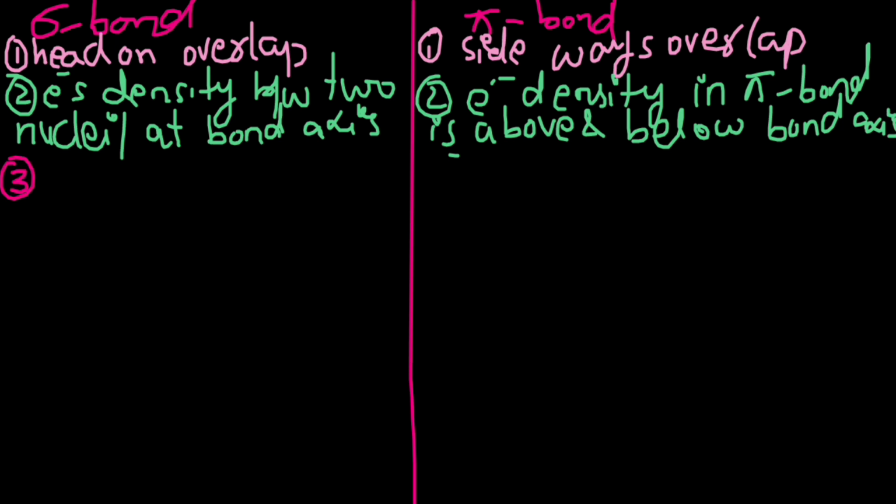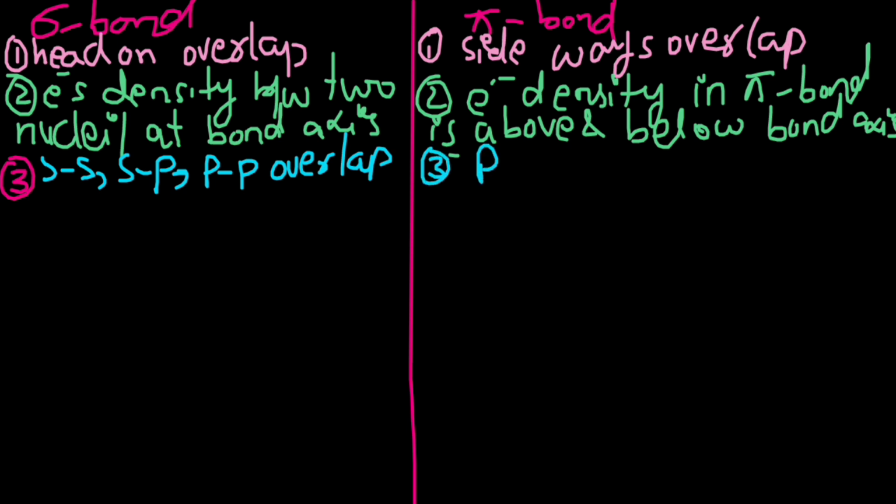The third point of difference is sigma bond is formed by the s-s, s-p and p-p overlap, while pi bond is formed by the p-p, p-d and d-d overlap.